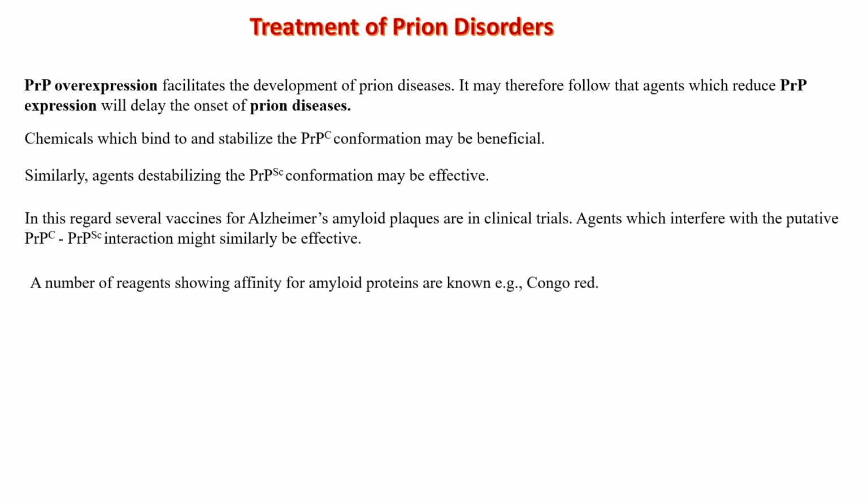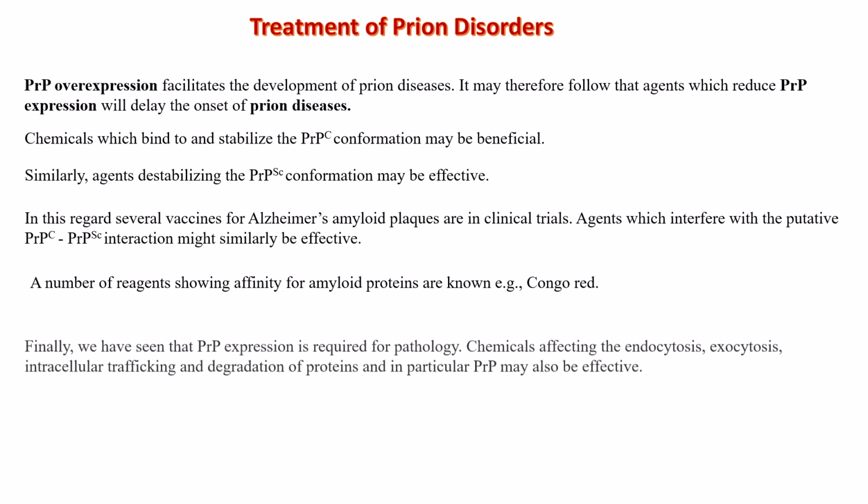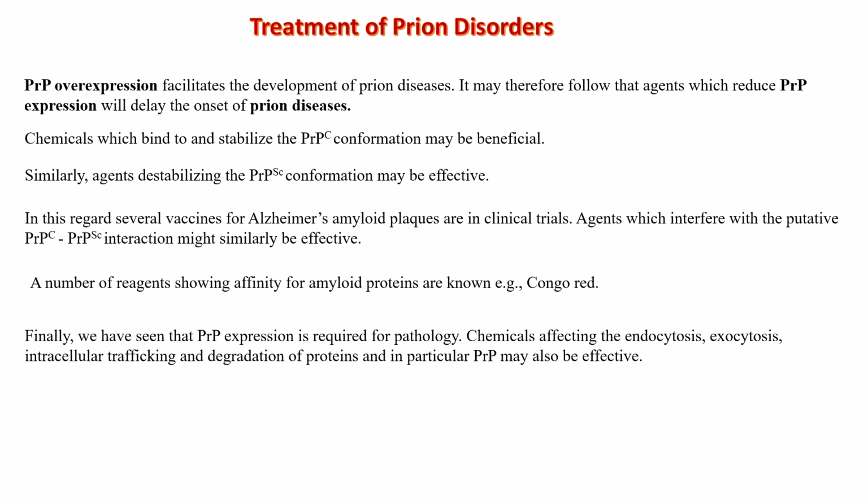A number of reagents showing affinity for amyloid proteins are known, for example, Congo Red. As our knowledge of the structure of PrP increases, the chances of rationally deducing effective therapeutics based on these ideas also increases. Finally, we have seen that PrP expression is required for pathology.